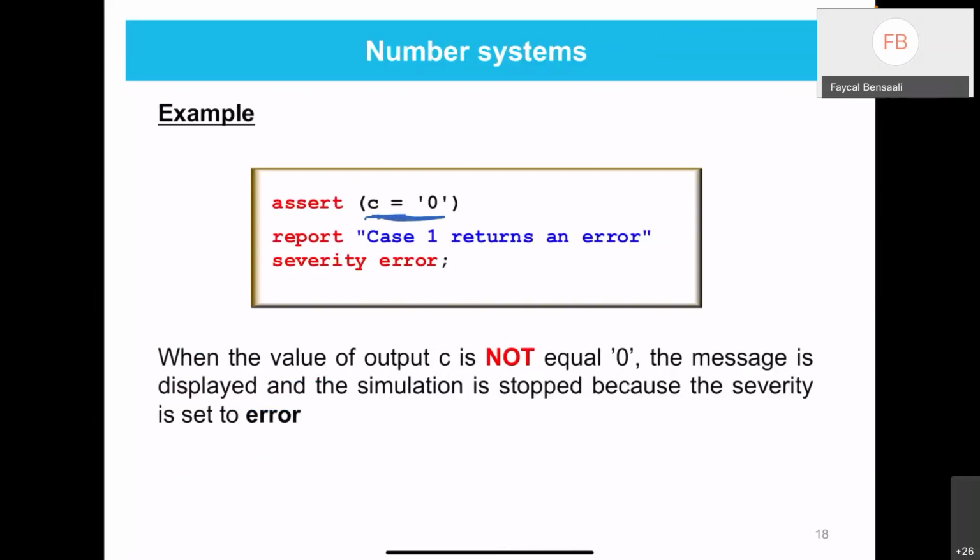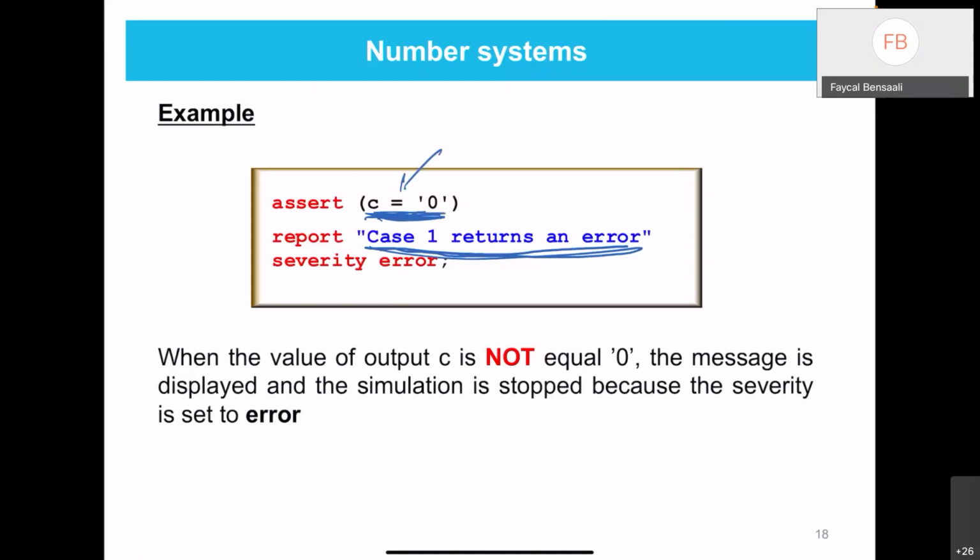What does this mean? This means that I will get this error message, which I wrote: case 1 returns an error. When does it return the error? If C is not equal 0. It's not when the condition is true, and this is very important.